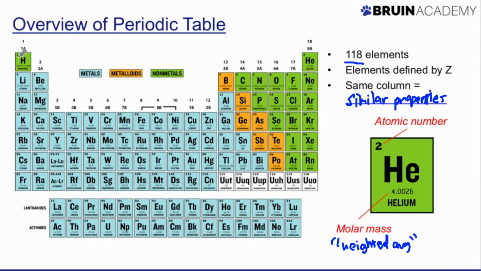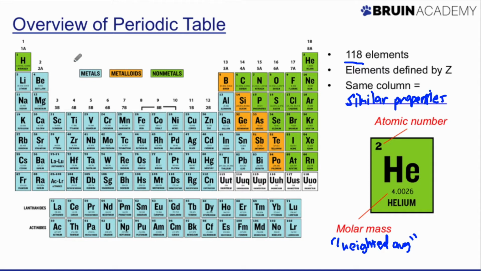So for instance, everything in this left column is a metal, with the exception of hydrogen, and they're very unstable, okay? So that's group 1. Whereas if you look at the right-hand side, which is group 8, these are the noble gases, right? And they're very stable, okay? And then the things in the middle right here, these are transition metals, and they all share similar properties.